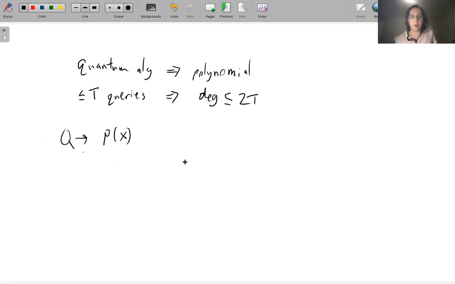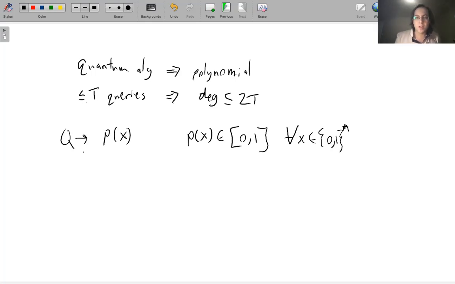One is that p of x is in the range 0, 1, regardless of the input. That's because p of x represents an acceptance probability of the quantum algorithm, so in particular, a probability. So p of x will always be in the range 0, 1.